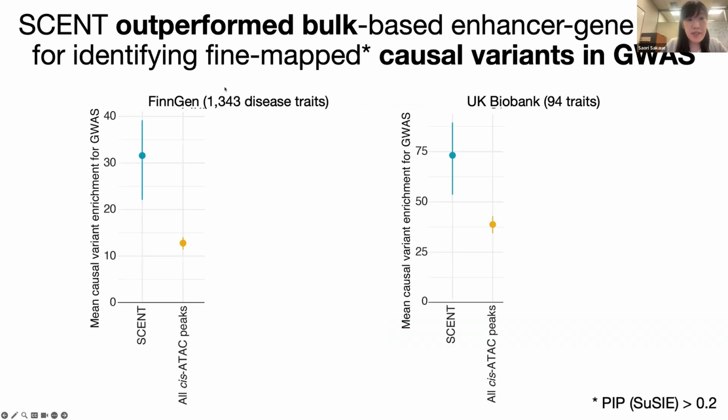In both FinnGen and UK Biobank, which are independent, our SCENT enhancers in green are much more enriched in the causal GWAS variants than taking all cis-regulatory ATAC-seq peaks alone, meaning that we were able to enrich the functionally active enhancer elements that harbor the causal variants.